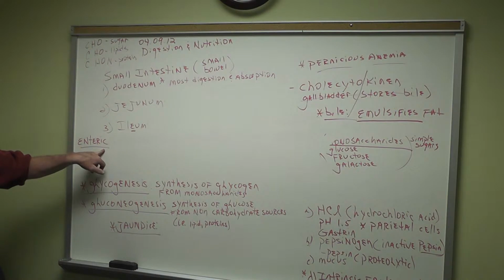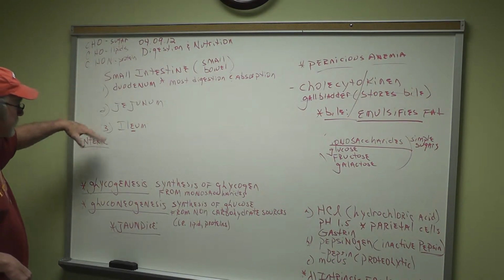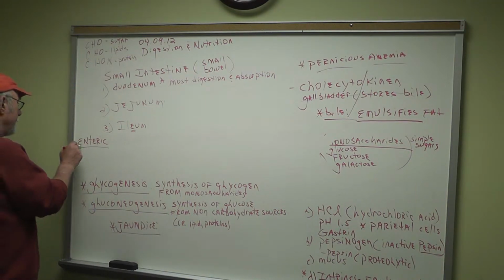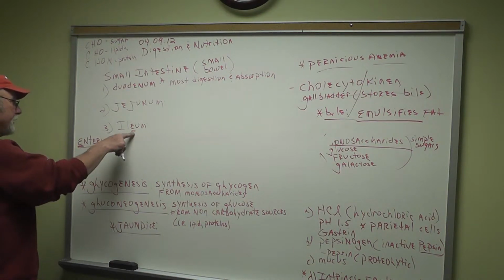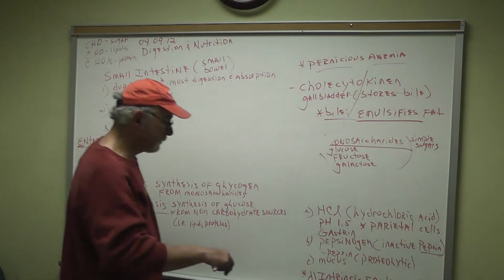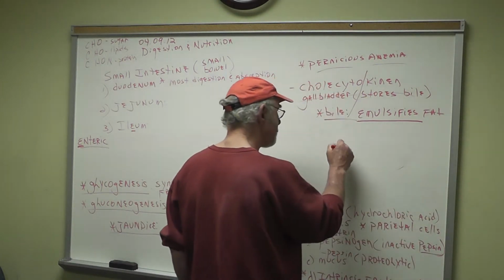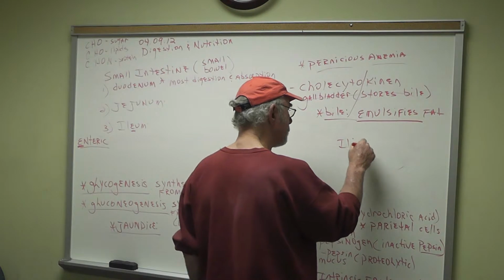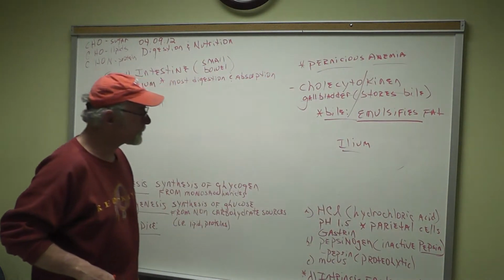Enteritis is inflammation of the enteric organs, that being the small intestine and or the large intestine. So the ileum from the digestive tract is spelled with an E. The ilium from your skeletal system is spelled with an I, like this is your ilium here, your iliac crest and so forth.